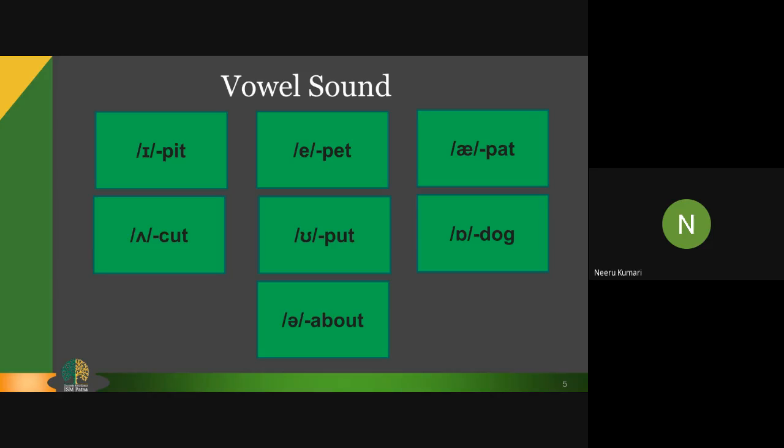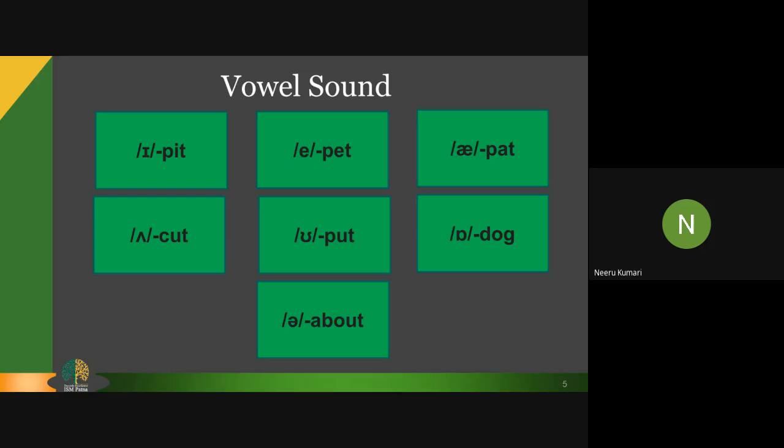I hope every one of you is practicing along with me. These are short vowel sounds. Sounds of i, e, a, uh, oo, o, uh. Pet, pat, cut, put, dog, about.